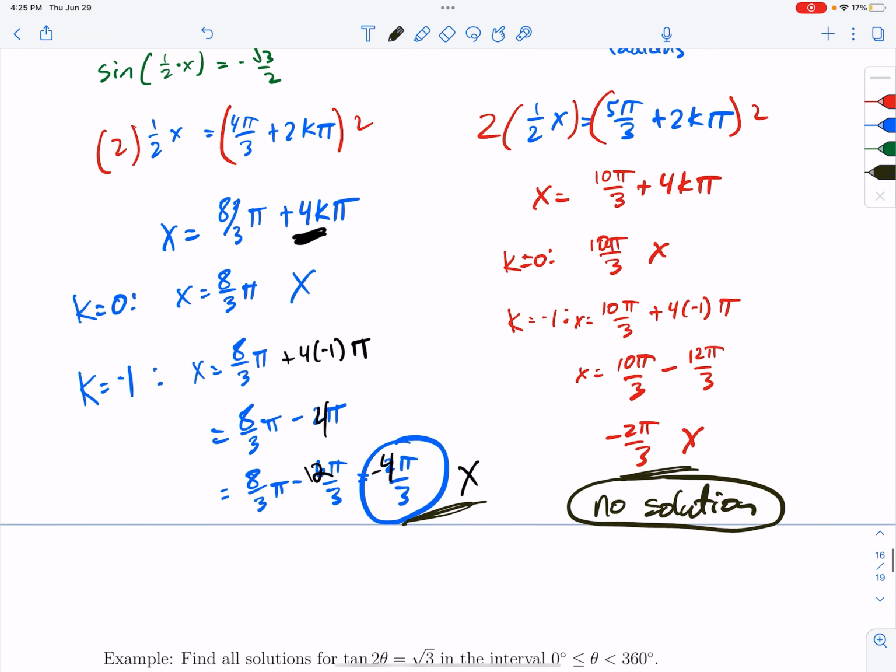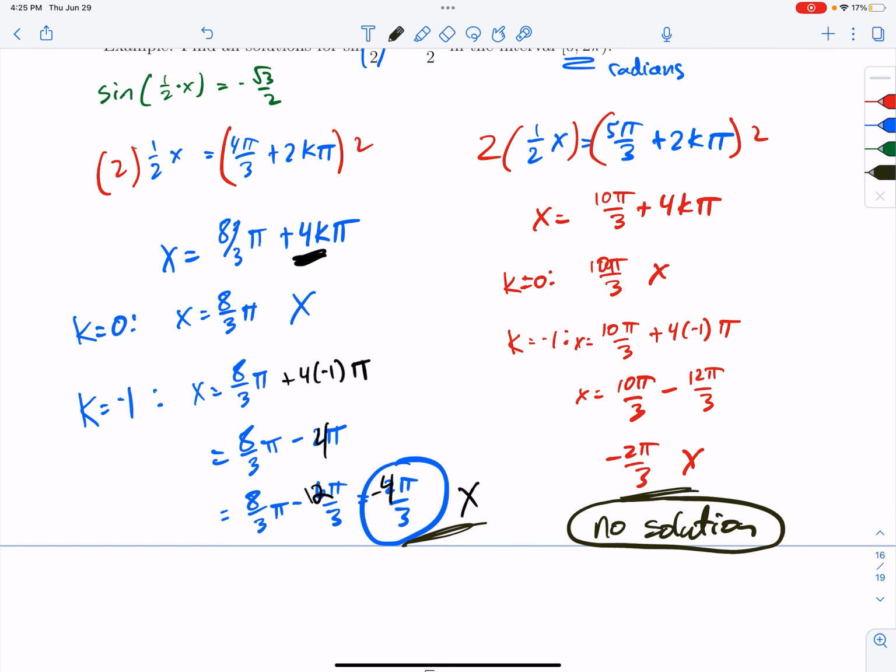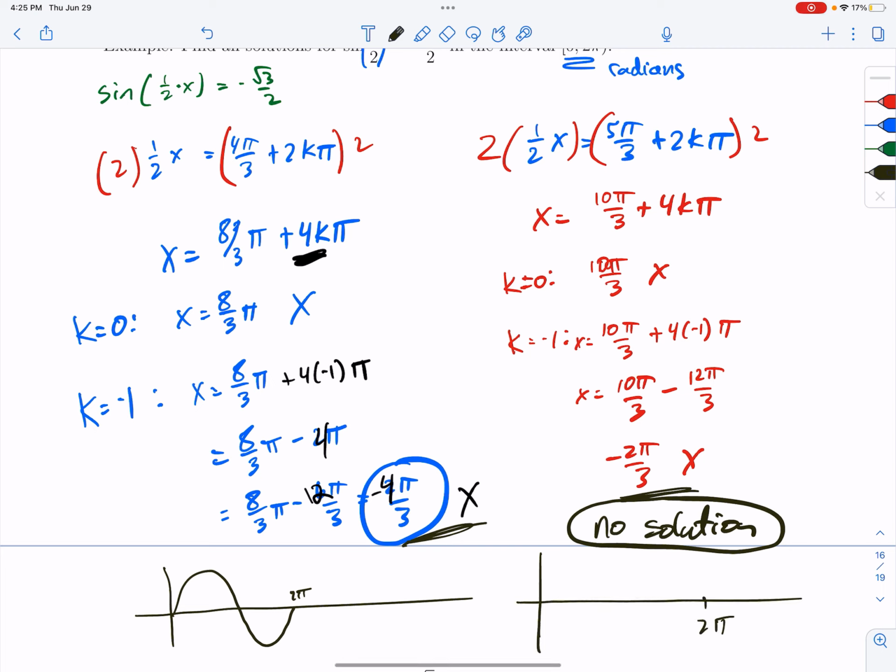And if you want to think about what this might look like on a graph, well, that 1/2 on the sine graph, the normal sine graph would look like this up to 2 pi. But when I put the 1/2 in there, it's going to spread this out.